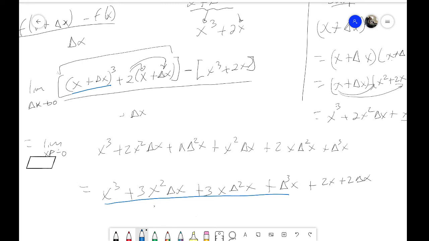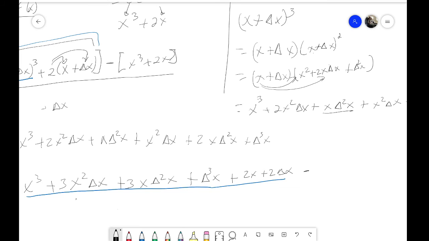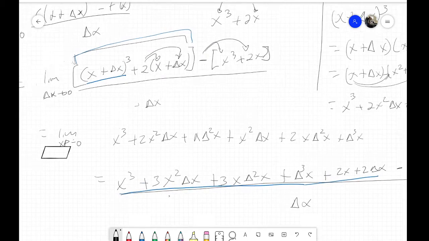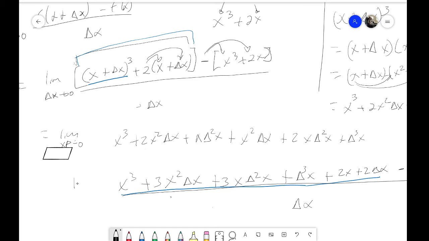I still have this other piece to worry about on the other side. But that's an easier one because I just have to distribute the negative sign. So it's going to be minus x cubed minus 2x. You just distribute this negative sign on the inside. And this is, remember, all divided by delta x. Again, we're taking the limit as delta x goes to 0.